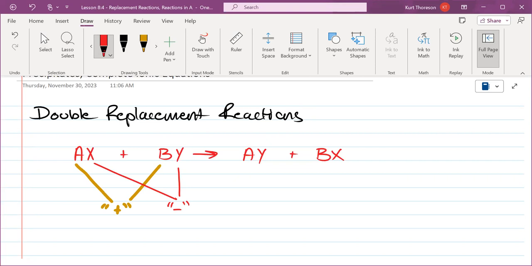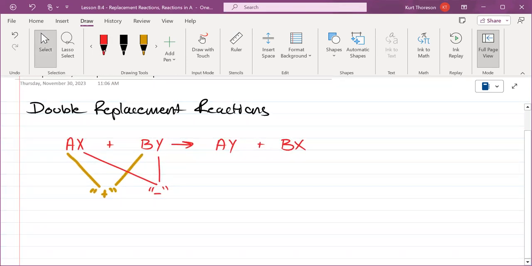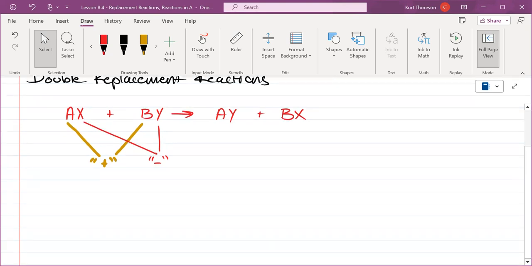You can't have positive to positive. You're just switching dance partners. That's really it. Honestly, that's it. A is dancing with X, B is dancing with Y. They're switching. But you will not have A, B, and X, Y, because A, B are both positive, X, Y are both negative.